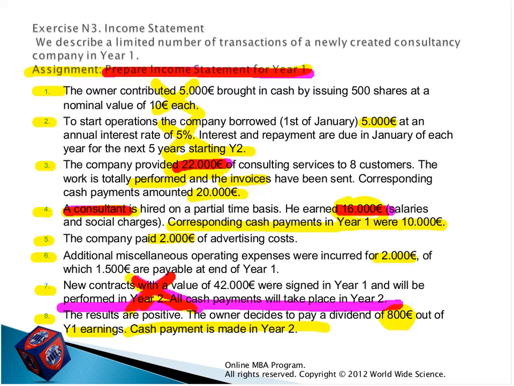So any kind of expenses which are already incurred, which means you already used someone's services, or you already used some kind of assets, but you haven't paid for them, you have to record in your income statement. Because of the actions made by the consultant, where he made the consulting services, he helped us to get revenue of 22,000 euro, right?